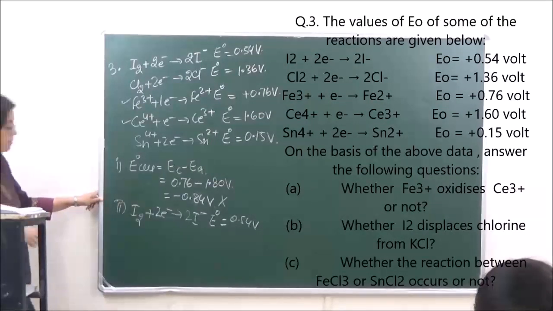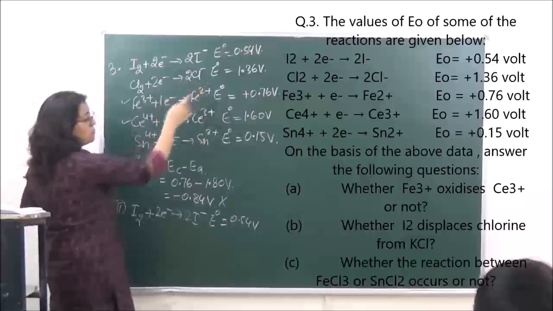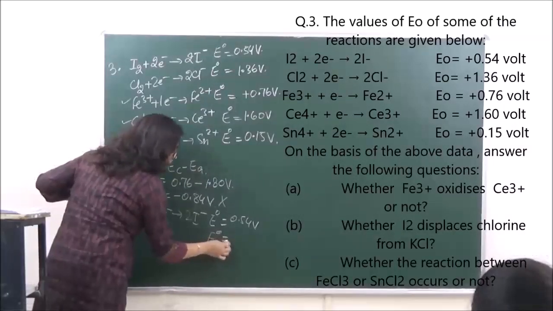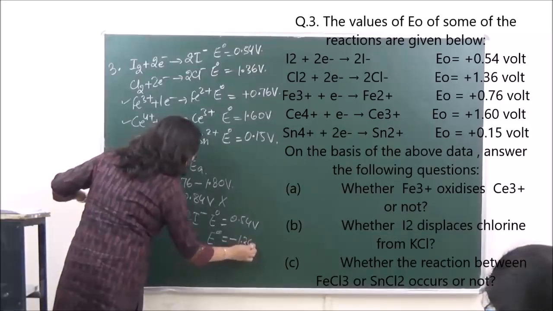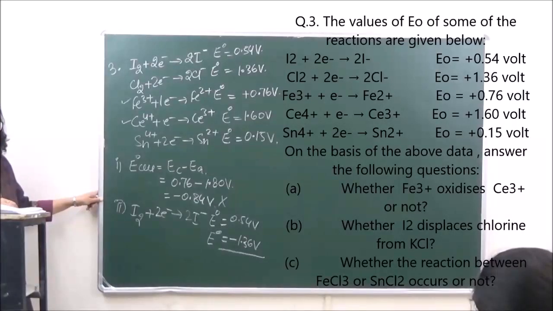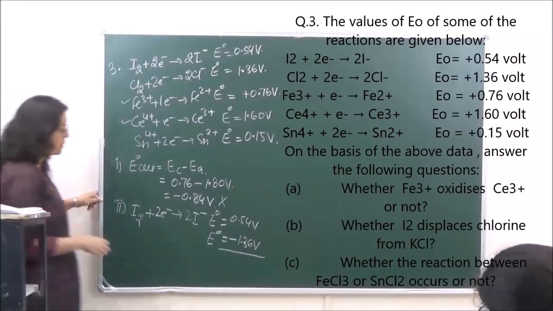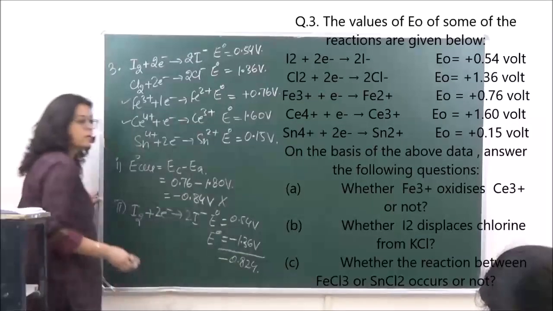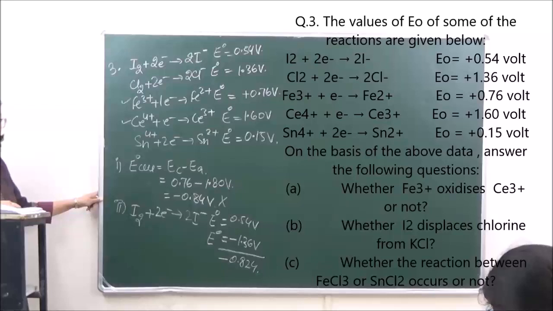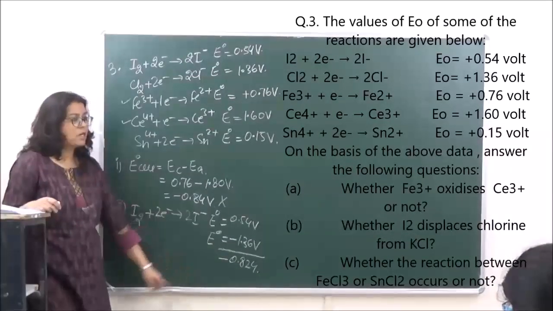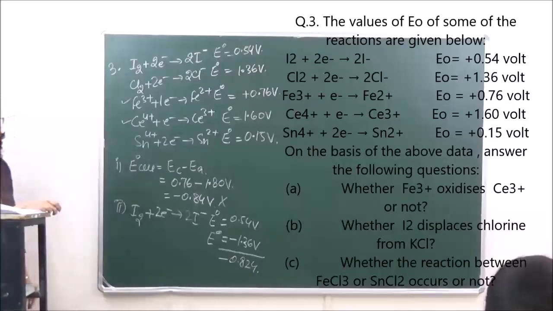So what is the value of chlorine over here? 1.36. So for chlorine's displacement reaction the value will be minus 1.36, okay? So this comes to minus 0.824. Again, E naught of the cell is coming as negative, so the reaction cannot take place. So answer to this is also no.